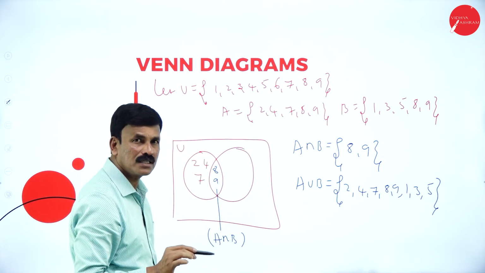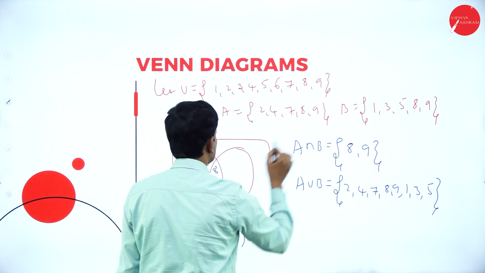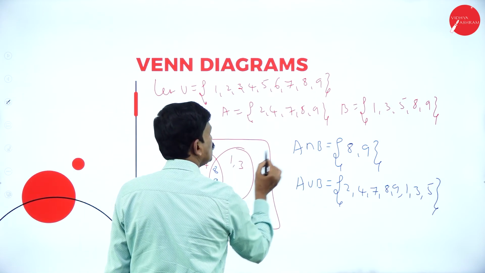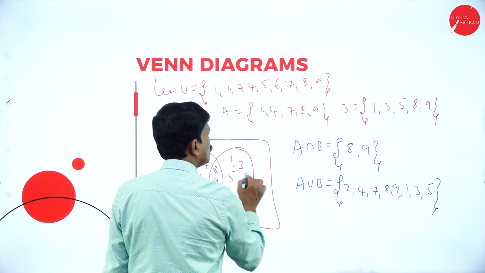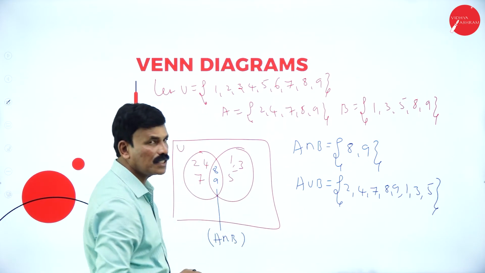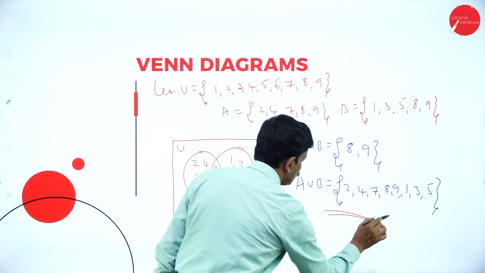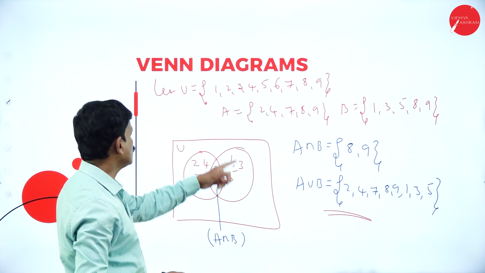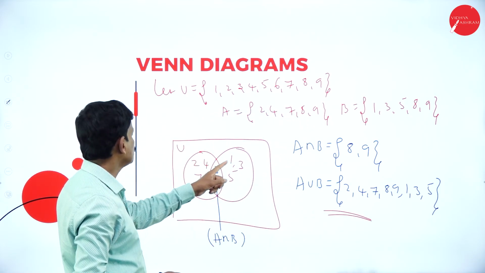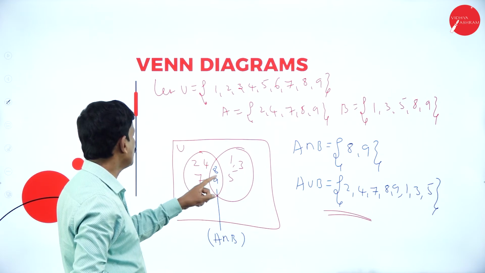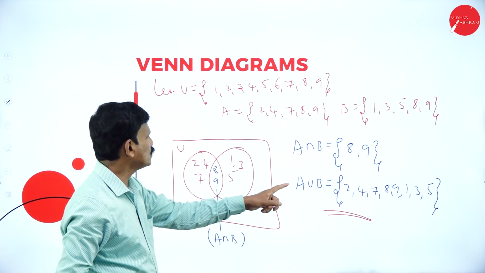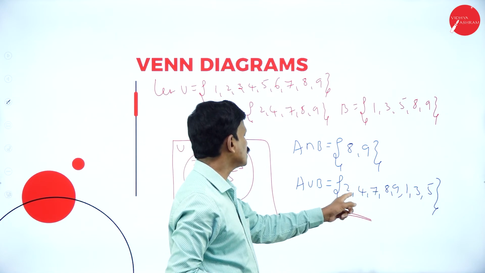Then B contains 1, 3, 5, 8, 9. So all these come under A union B. So A union B is equal to all the elements, that is 1, 2, 3, 4, 5, 7, 8, 9.